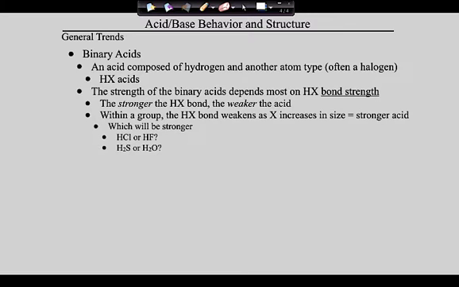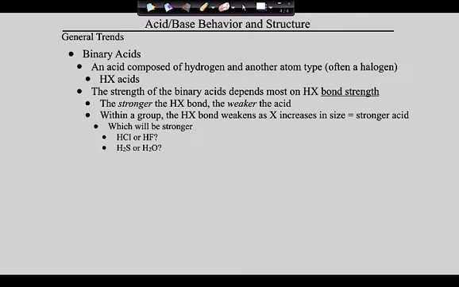Does that make sense? Yeah. In comparison with hydrofluoric acid and the other halogen strong acids, hydrofluoric acid is small enough and its bond is strong enough that it doesn't break apart readily enough to form a strong acid. Yeah, that bond is so hard to break. Yep, you got it.